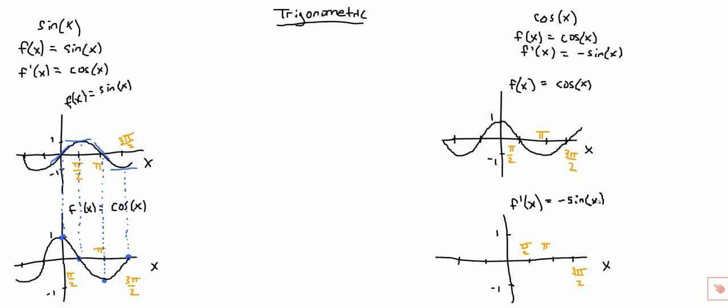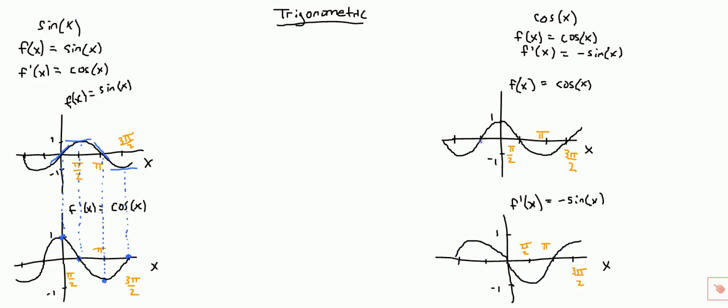So this time we'll just draw in negative sine first. So negative sine, you take the sine curve and you flip it. So it goes down first, not up. It looks like this. That's negative sine of x.